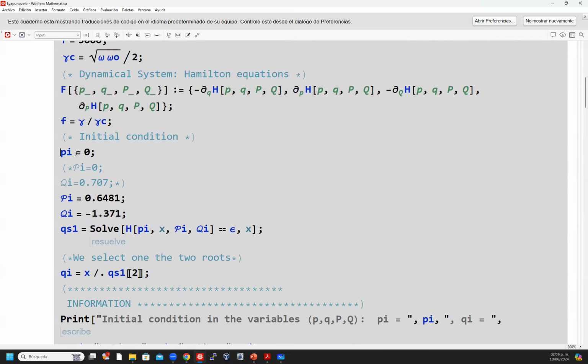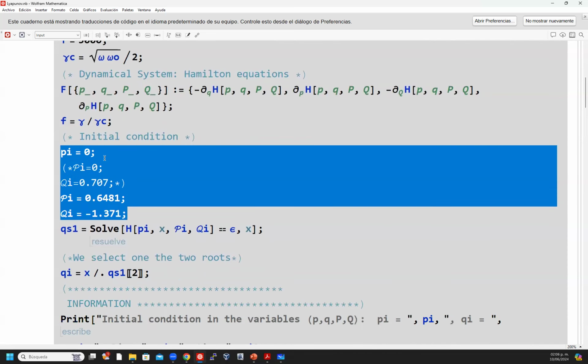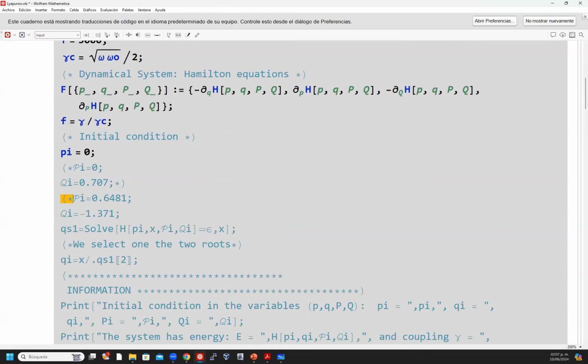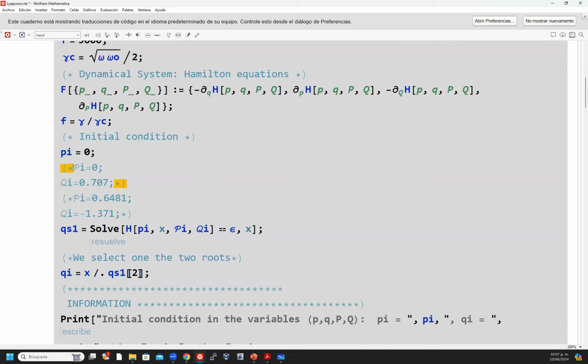And now I will write the initial conditions. For example, this initial condition implies P1 is 0. Let me change this initial condition to another one.